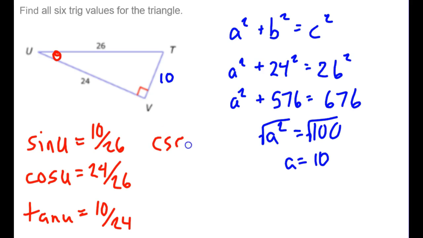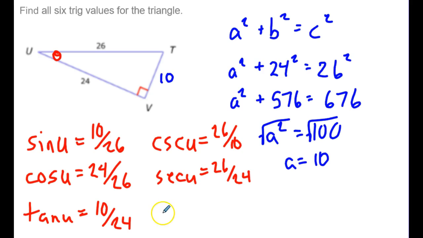So the cosecant of U is equal to the reciprocal of sine, which would be 26 over 10. Secant of U is the reciprocal of cosine, which would be 26 over 24. And cotangent of U is the reciprocal of tangent, which is 24 over 10.